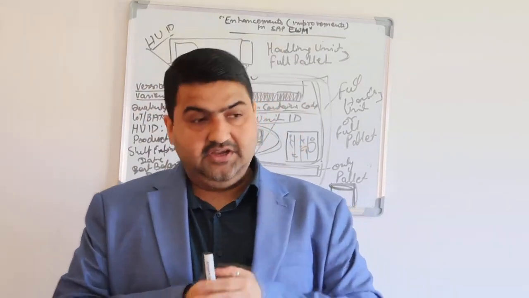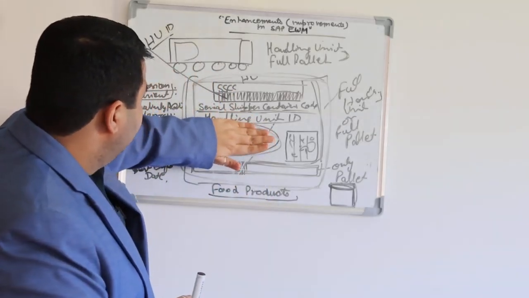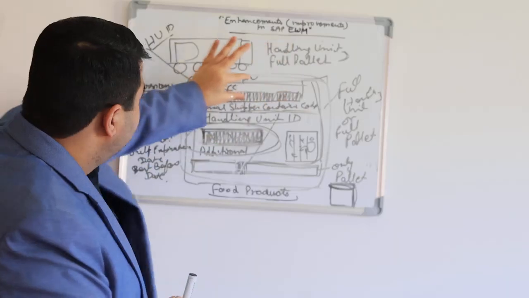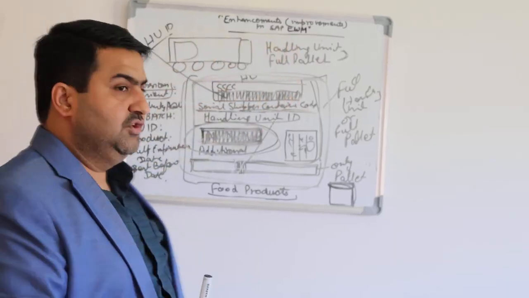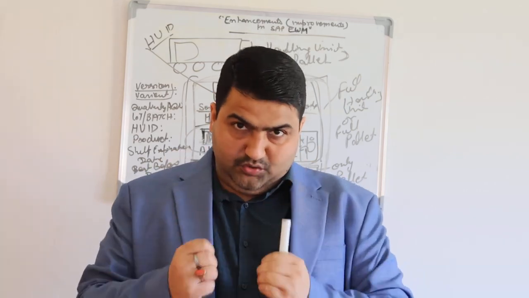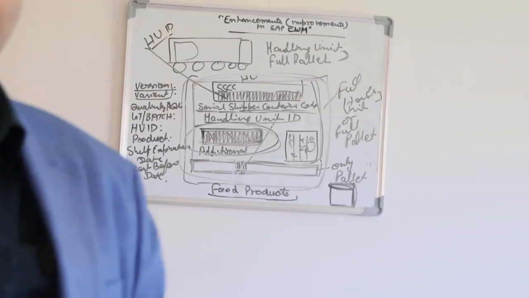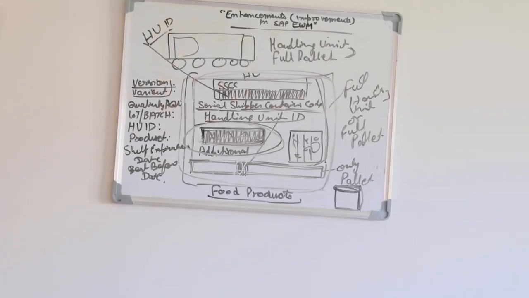How will we manage? Till last week we had only this barcode, so it was very simple. When we receive the product in our warehouse, I will zoom in, you will see, then I will explain more.